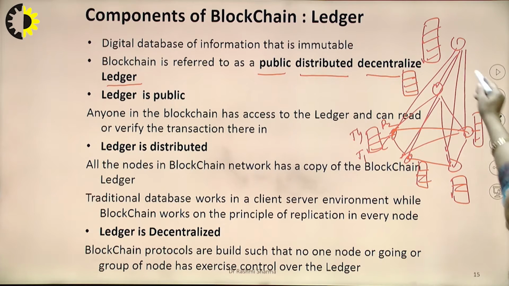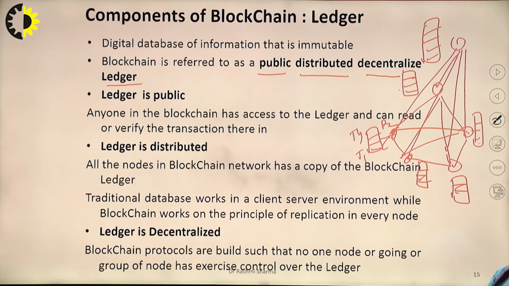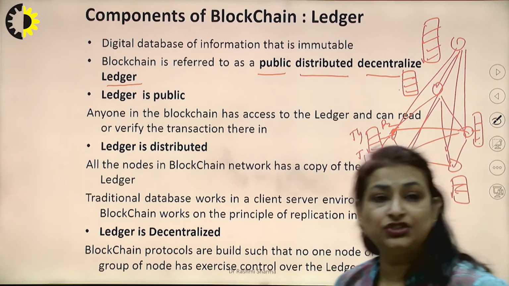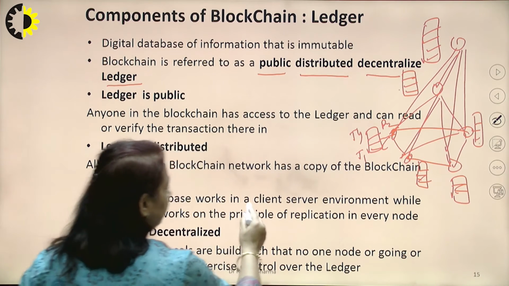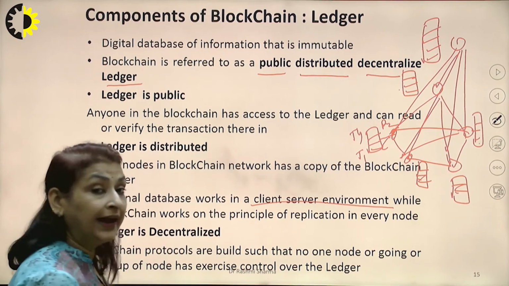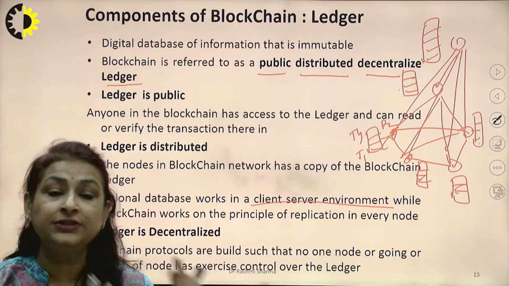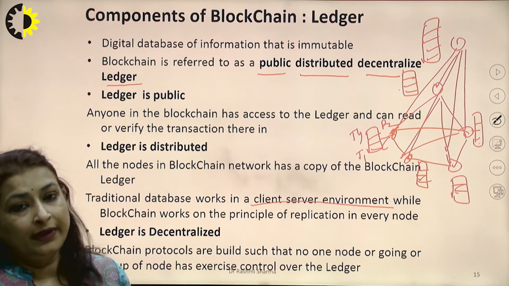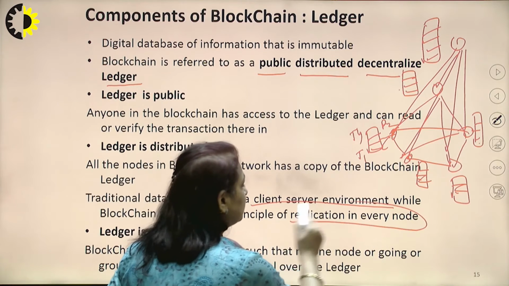See, each and every person has a copy of this ledger. So how does this distribution differ? In the traditional database, we have a client-server environment, and in this client-server environment, only the server has the database at a single location. But in a blockchain, the data is replicated on each and every node.